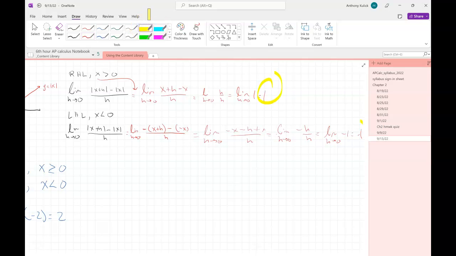And because the limits don't exist, so therefore, the limit here does not exist.